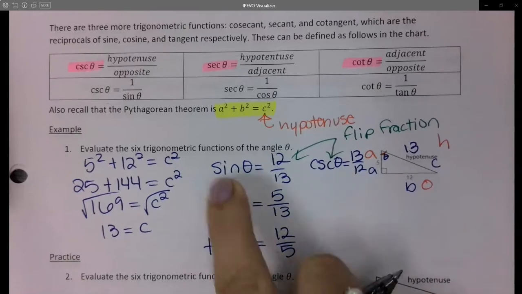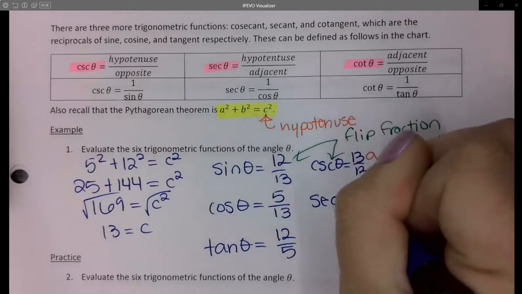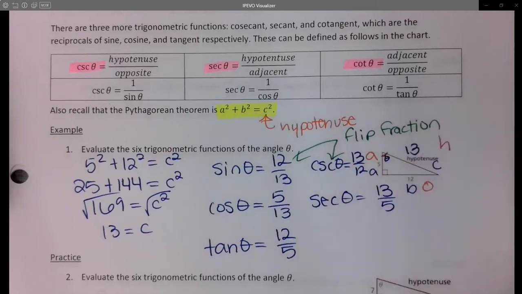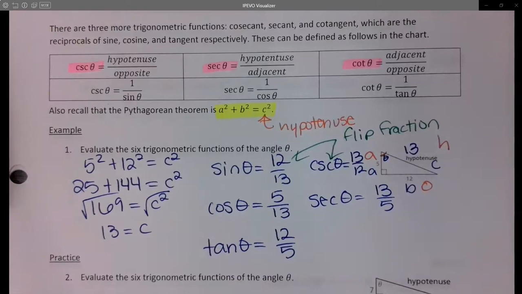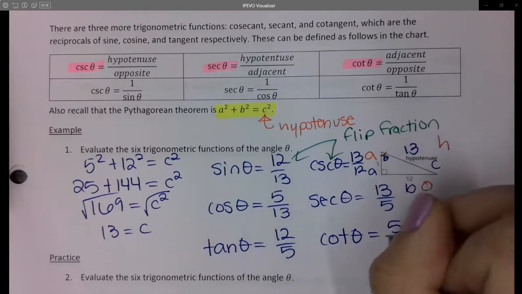Then cosine matches up with secant, so I'm going to take that and flip it. And tangent matches up with cotangent, so I take the tangent fraction and flip it.